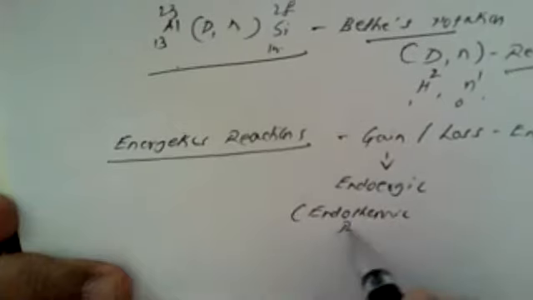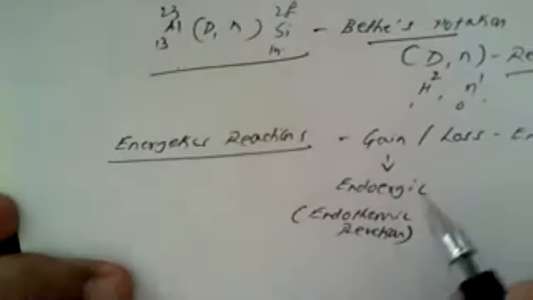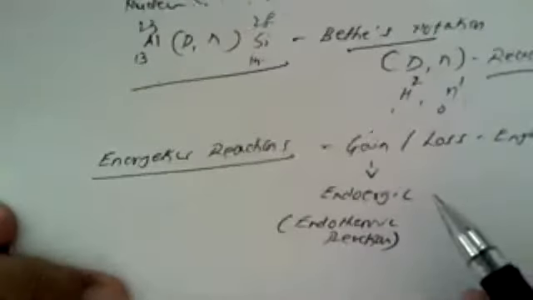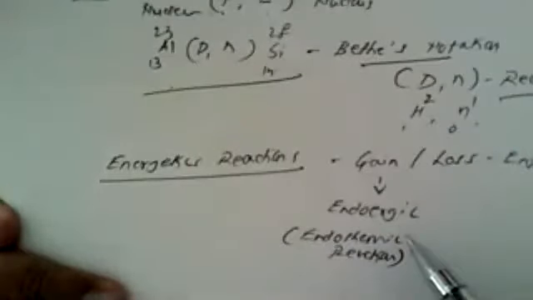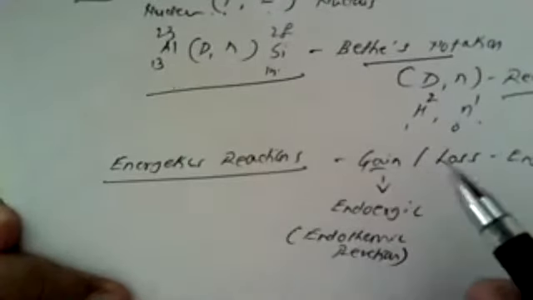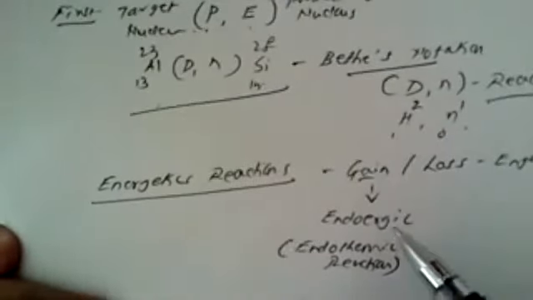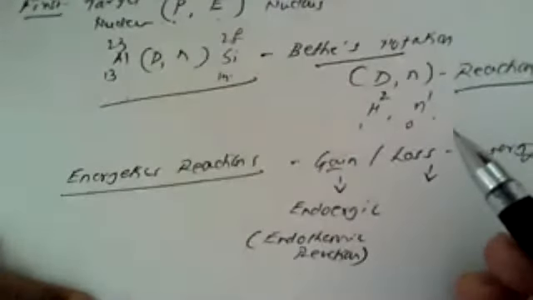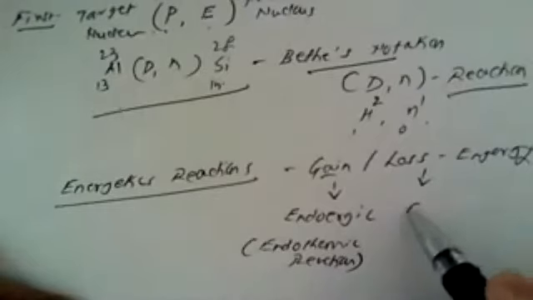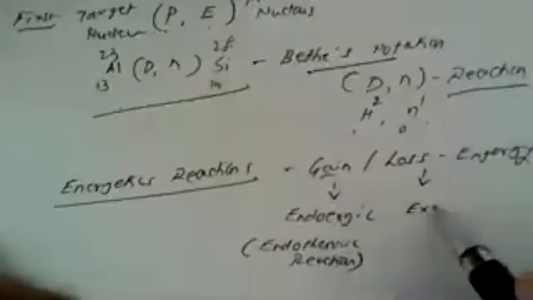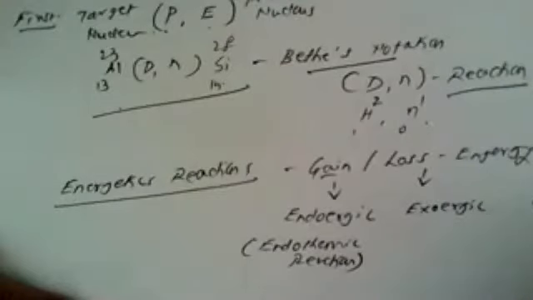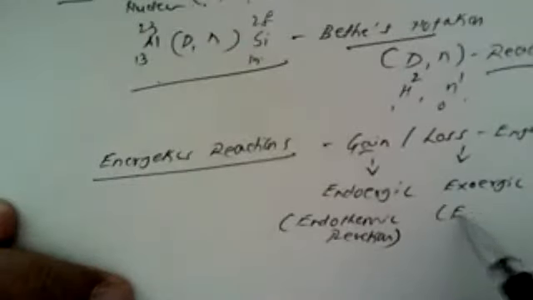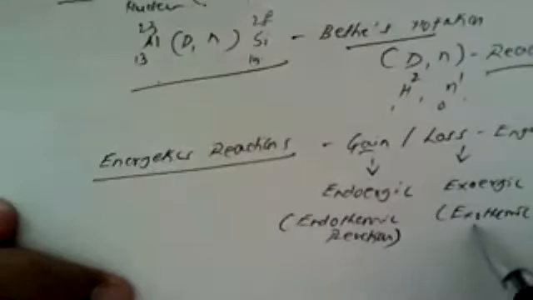When a nuclear reaction proceeds further, a certain amount of energy has to be supplied. So when a reaction proceeds by gain of energy, it is known as an endoergic or endothermic reaction. In other words, when a lot of heat energy is evolved during a nuclear reaction, it is known as an exoergic or exothermic reaction. These terminologies we know very well.